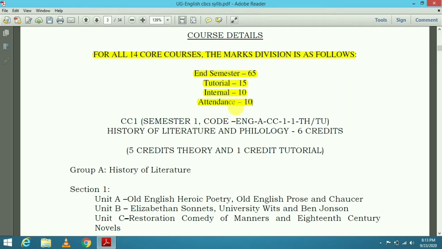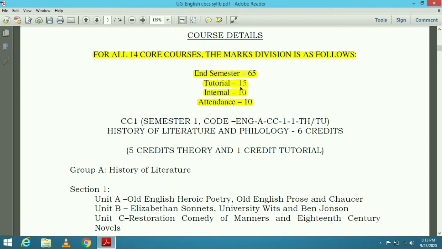Now attendance, you all know that on the basis of your attendance you will be given marks, and that is out of 10. Internal means you will be having MCQ type questions, as you had in your class 12 West Bengal board or any other board. Tutorial means every professor will give you either an assignment to complete, or you have to make a PPT or do a seminar.